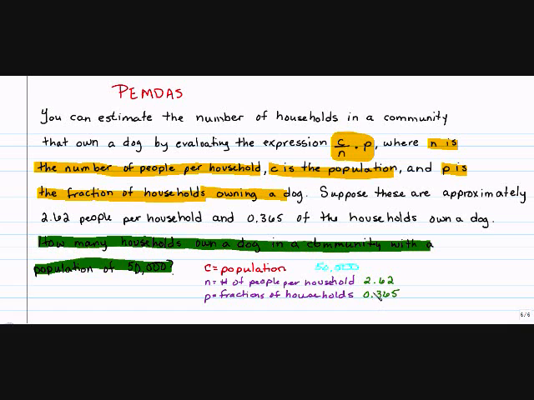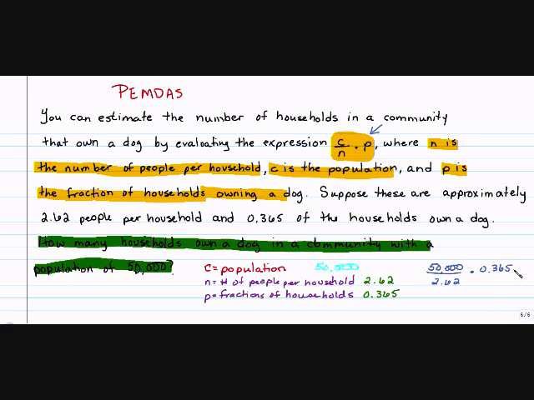Now we need to take these numbers and plug them into our variables, back into our expression. C is 50,000 divided by N, which is 2.62 or 2 and 62 hundredths, times P, or 0.365 or 365 thousandths.